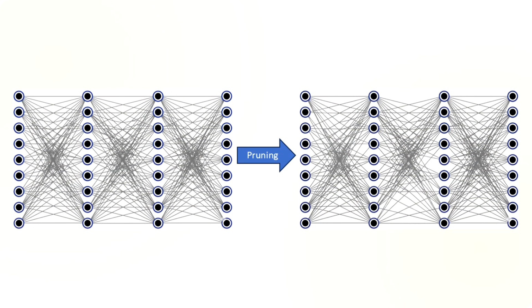Pruning can be generally divided into 2 categories. The first is light pruning. In this example right here, I have the original dense model on the left side and a pruned model on the right. Some of you might even find it hard to see that it's pruned because we removed so few parameters.